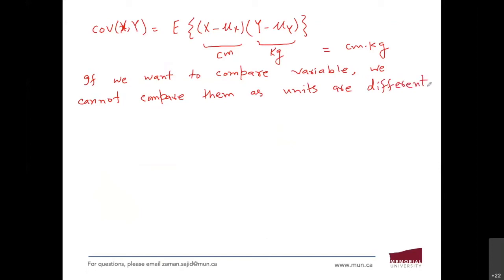As I said, it is just like comparing apples and oranges. So I cannot say if 10 kg of weight is comparable with how many centimeters? We can't answer this question.